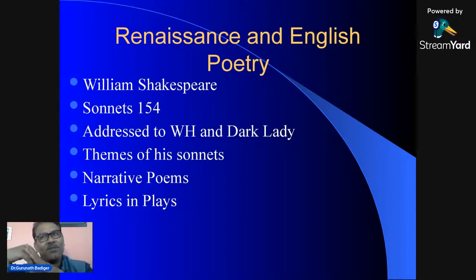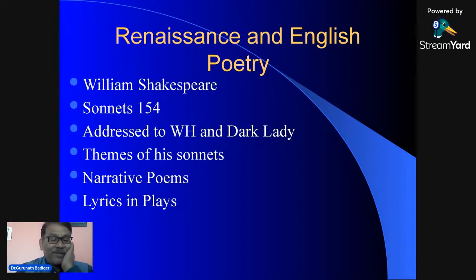But when it comes to sonnets 128 to 154, around 25 sonnets, these sonnets talk about the Dark Lady, maybe Anne Hathaway or the Dark Lady. He writes about his relation and his love for the lady.